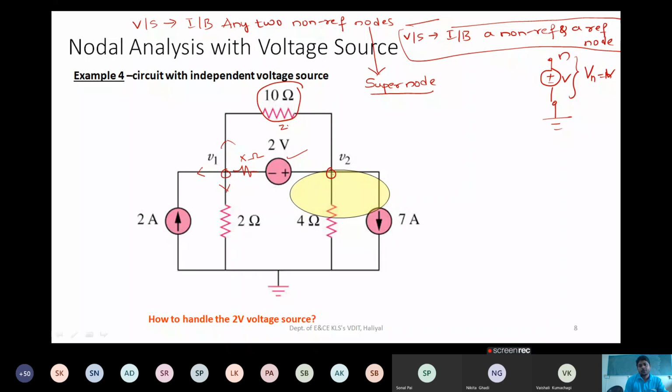That means here also the voltage will be 2 volts. You can remove it; you can call it redundant. Now according to the first step, you have to remove this voltage source, call these two nodes a super node, and apply KCL.